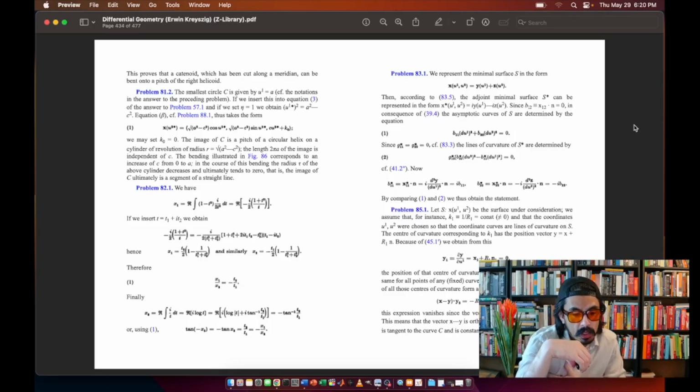Or using the problem from the previous section, 81.2, which is conveniently here on the same page, we have that tangent of negative x3 is equal to the negative tangent of x3, which is then equal to t2 over t1, which is equal to negative x1 over x2.